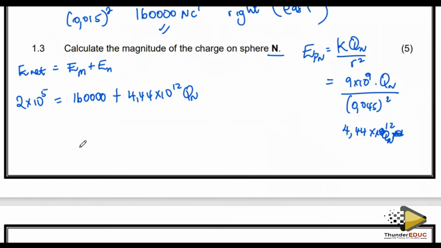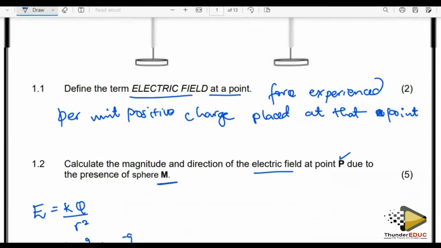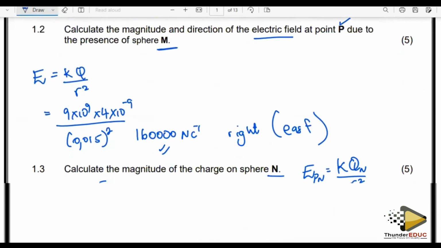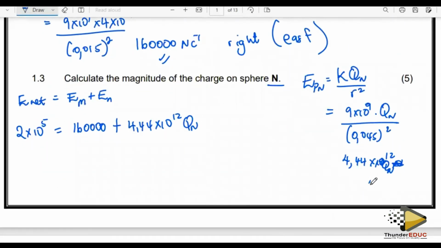Now someone asked, why are we adding them? Since the net electric field is acting eastwards, which means all of the electric fields must be in that direction. So we are moving this one in the east. Then I'll move this to that side.